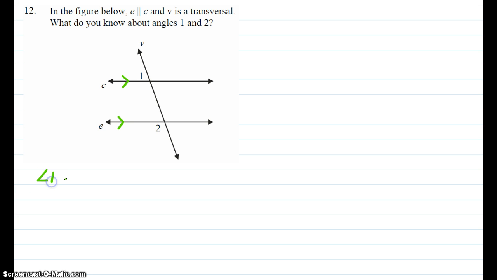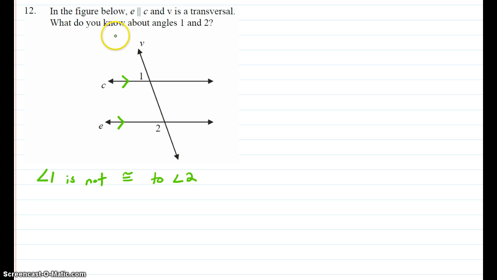So angle 1 is not congruent to angle 2, so they're not equal. That's one thing we know.